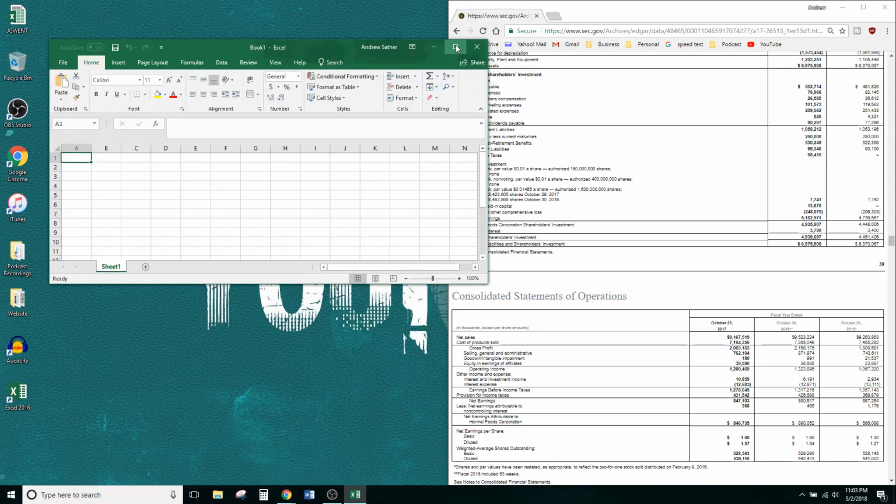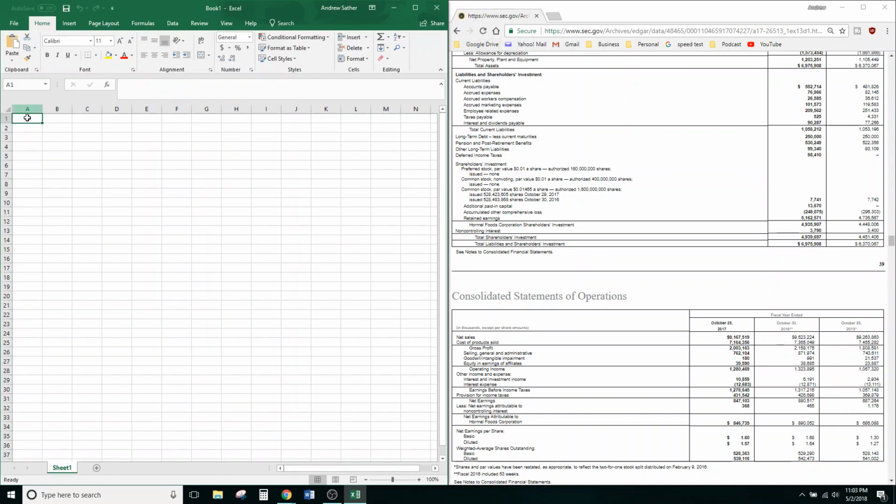a low price to earnings will indicate that either a stock is very profitable, it has earnings, or that the stock's priced so cheaply that, when you talk about a below average PE ratio, that means that the market is undervaluing the stock compared to its earnings compared to the average.